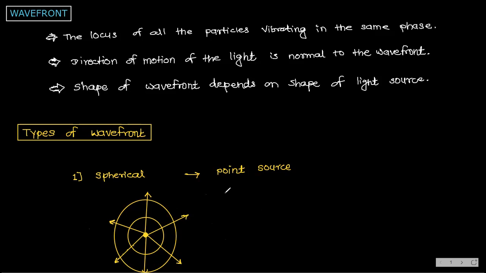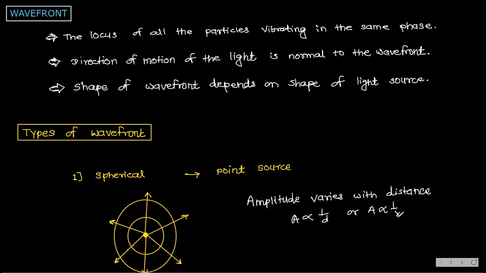Now see here, in this case, how does amplitude vary? Amplitude varies with distance. That is, A is inversely proportional to 1 by r, or we can say A is inversely proportional to r. That is, as you increase the distance from the source, your amplitude will decrease.